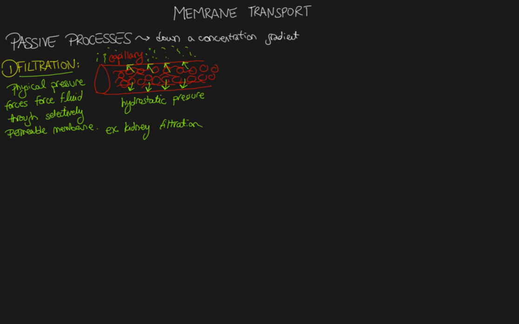All right, now let's look at a second example of passive processes of transport. And the second example that we're going to look at is what we call simple diffusion.